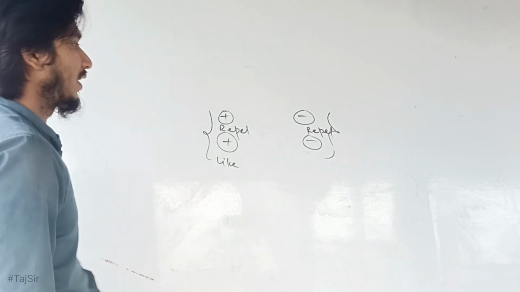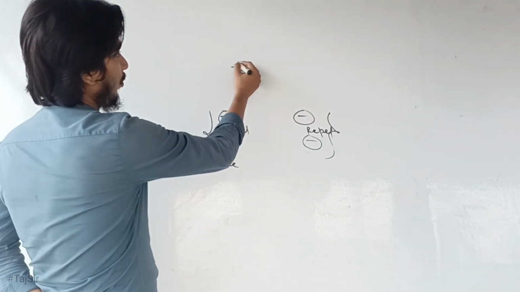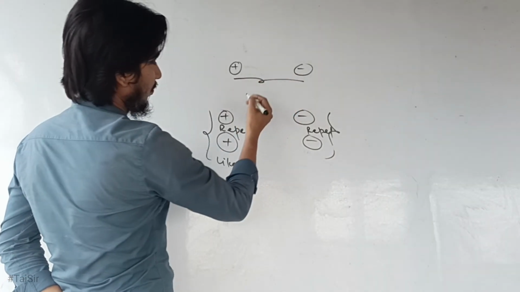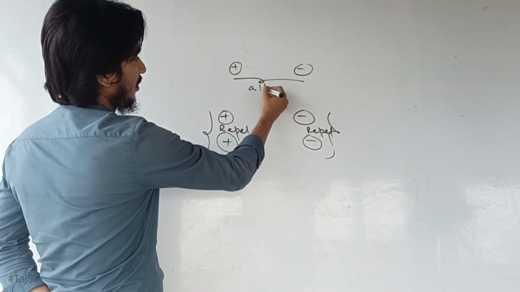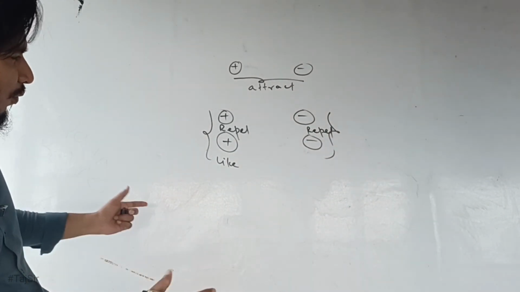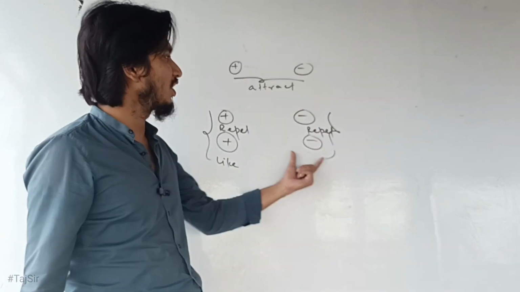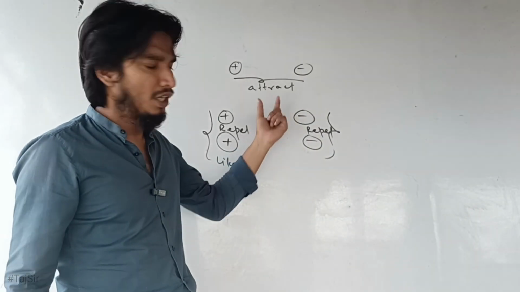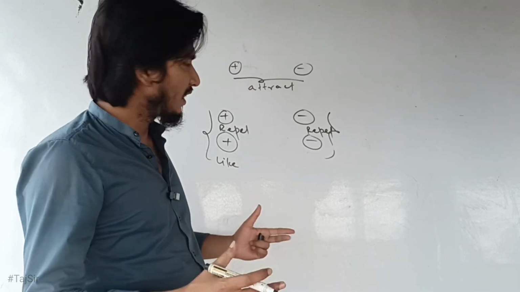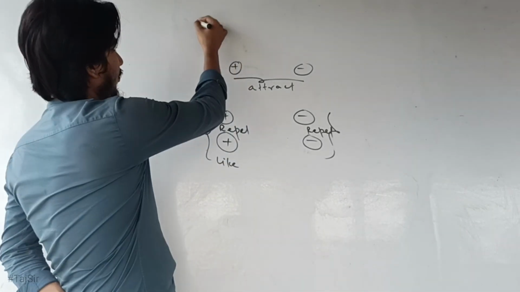But if we have a positive charge and a negative charge, then this pair of charges will attract each other, and we say that unlike charges attract each other. Whether it be repulsion or attraction, it is a force, and this force is given by Coulomb's law.